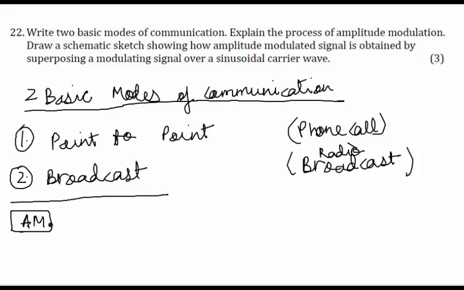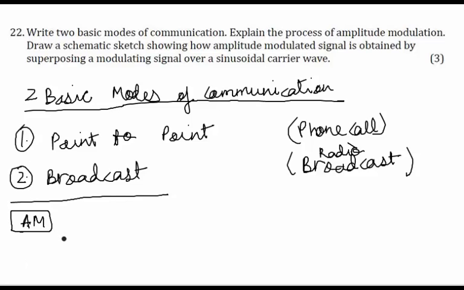It is defined as: in amplitude modulation, the amplitude of the carrier wave is varied in accordance with the amplitude of the modulating signal. Now the modulated signal and the modulating signal are two different things. The frequency of the modulated wave is equal to the frequency of the carrier wave.